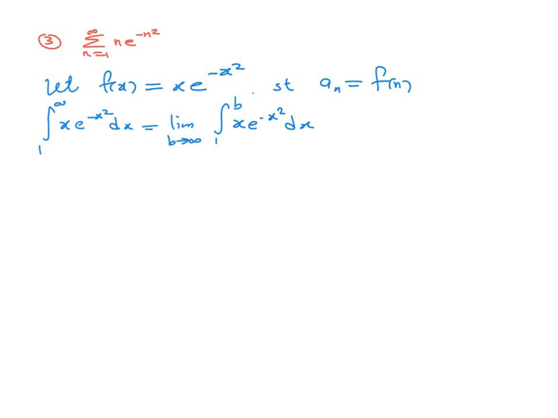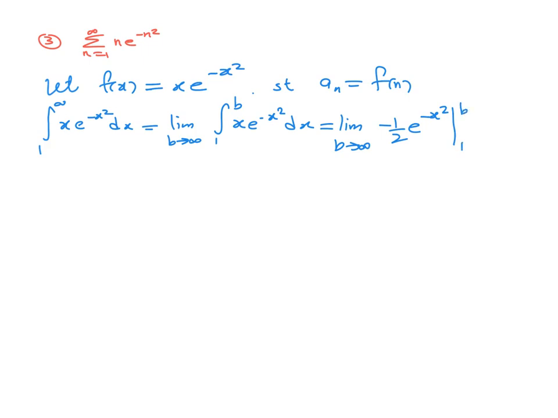So this is going to be the limit as b goes to infinity of negative 1/2 e to the negative x squared. And again, if you want to take the derivative of this expression, you would get the x e to the negative x squared back. Now, of course, I shouldn't forget that I'm evaluating between 1 and b.